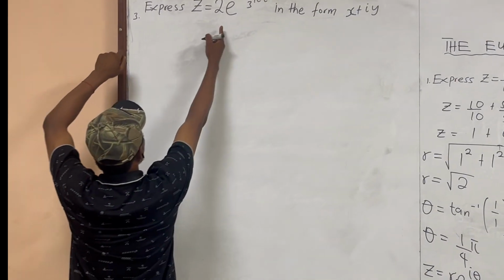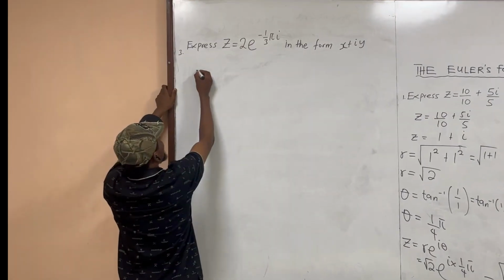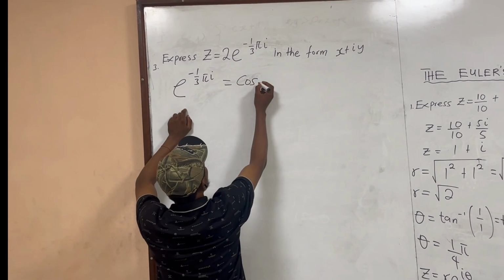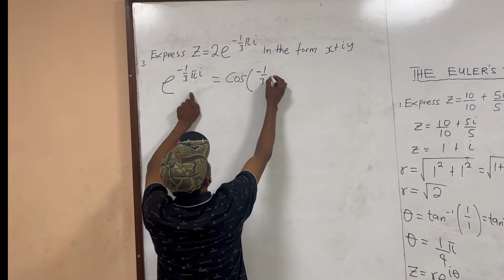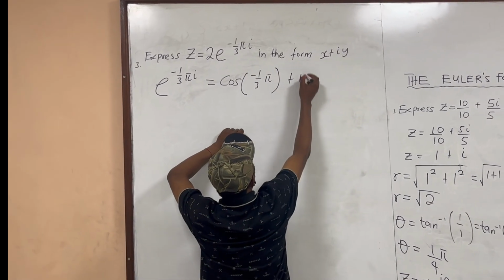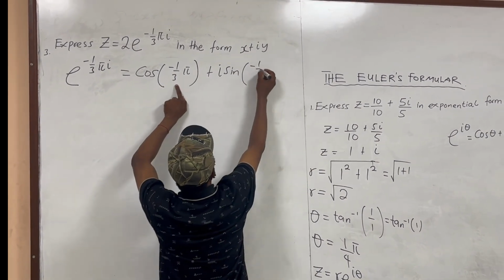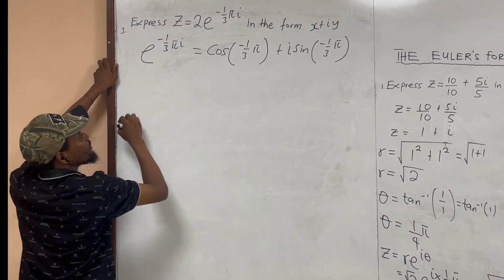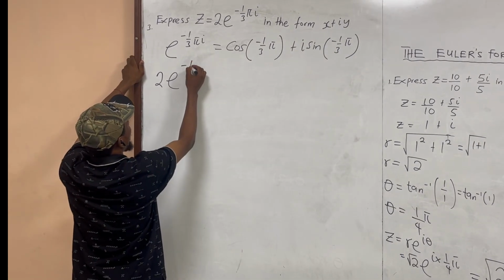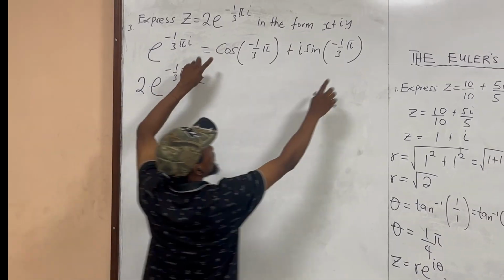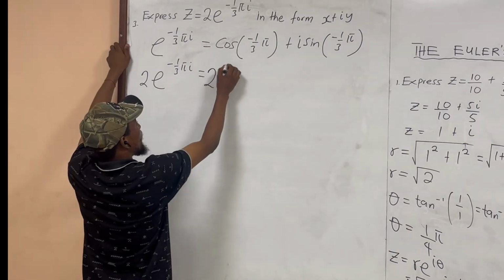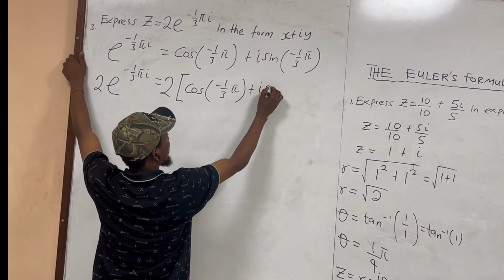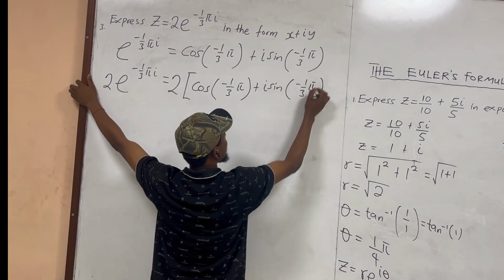We know that e to the power negative 1 on 3 pi i is the same as cos of negative 1 on 3 pi, plus i sine of negative 1 on 3 pi. And 2 is multiplying the whole of this expression, so I say 2 multiplying cos negative 1 on 3 pi, plus i sine negative 1 on 3 pi.